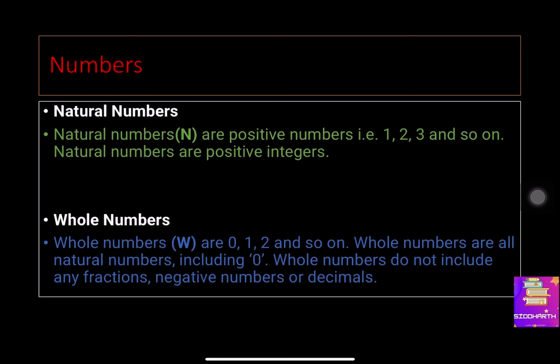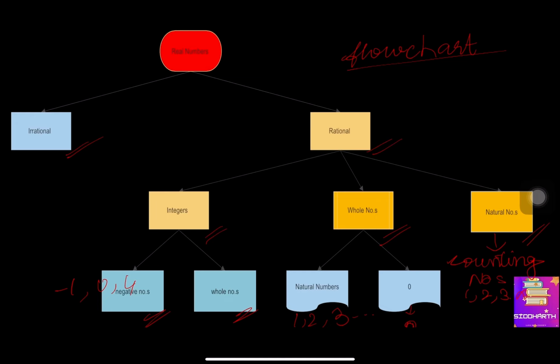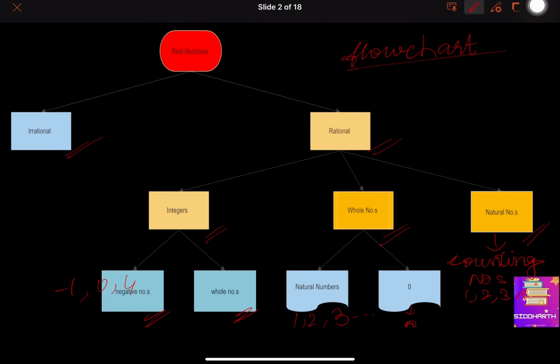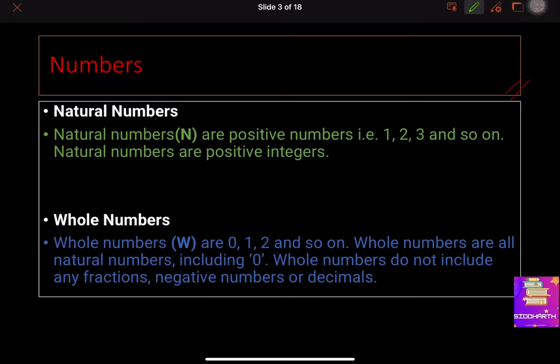Now let's revise or look back into what we have learned all about numbers and what we will be learning about numbers. So first, starting with natural numbers. As we have seen here, natural numbers are nothing but counting numbers.